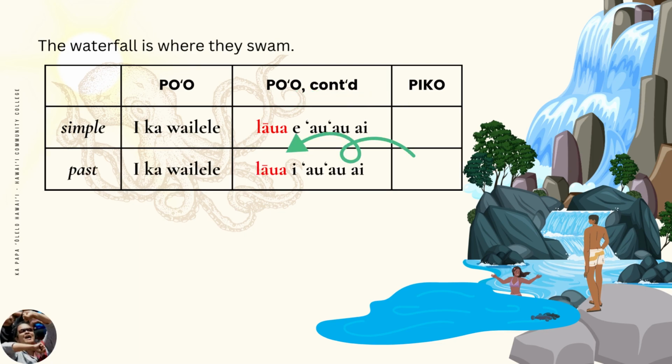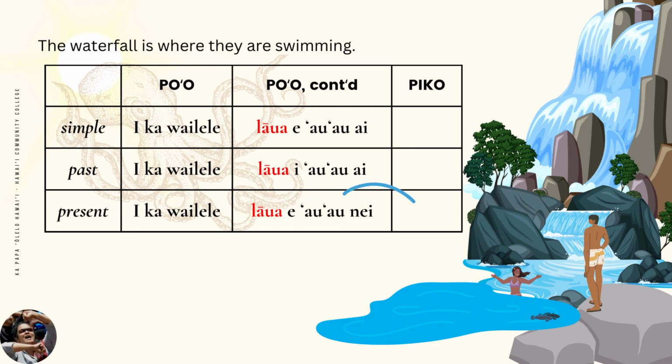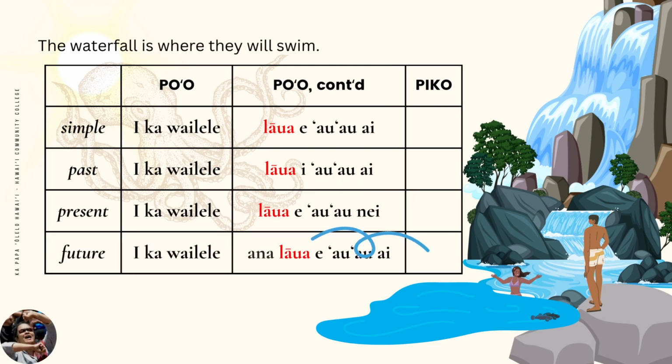The past tense, the waterfall is where they two swam, translates to ika lele lawa I auauai. The present tense, the waterfall is where they two are swimming, translates to ika lele lawa e auau nei. And the future tense, the waterfall is where they two will swim, translates to ika lele ana lawa e auauai. Note that for the future tense, the papani jumps in between ana and e painuai.